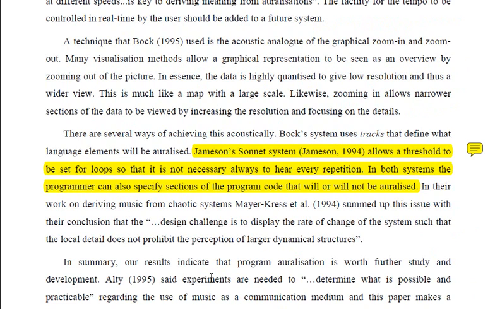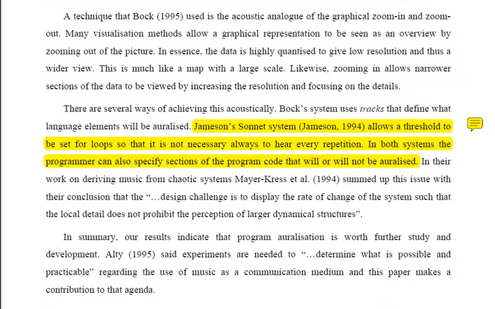I've constantly alluded to this overwhelming amount of musical data coming towards you. They do note that Jameson's sonnet system allows a threshold to be set for loops so that it is not necessary always to hear every repetition. In both systems, the programmers can also specify selections of the program code that will or will not be oralized. So here we can get very selective with what we're hearing in our oralization, and that might be a way of abstracting away from all the detail of a complete oralization system.